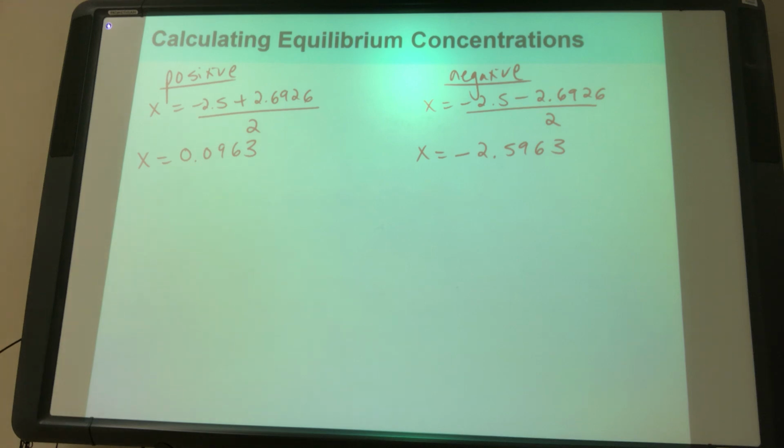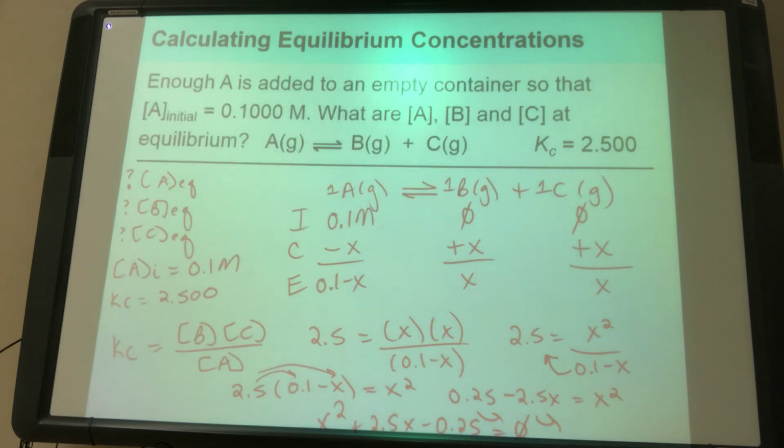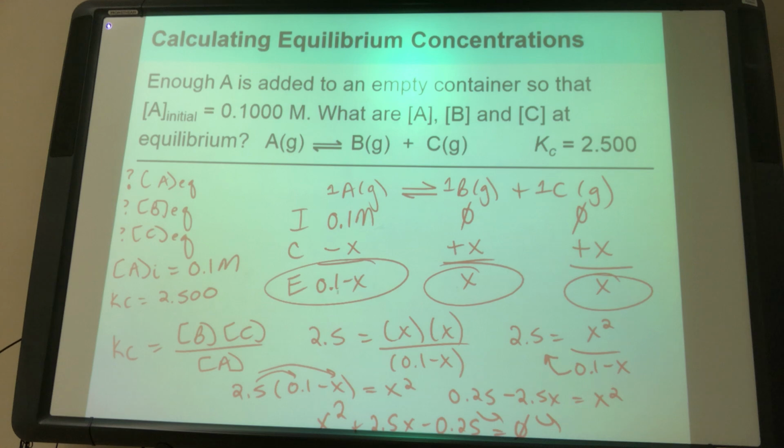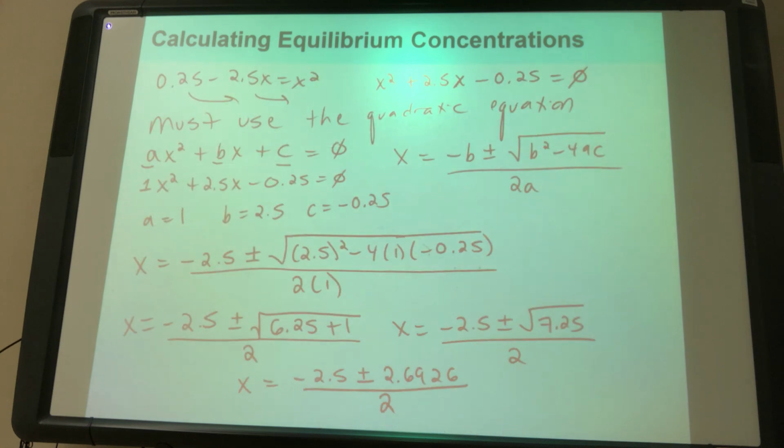Okay? Now, we got to go back and figure out what we need to do next. Our whole goal was to find these equilibriums. So let's rewrite that. My A concentration at equilibrium was 0.1 minus x.